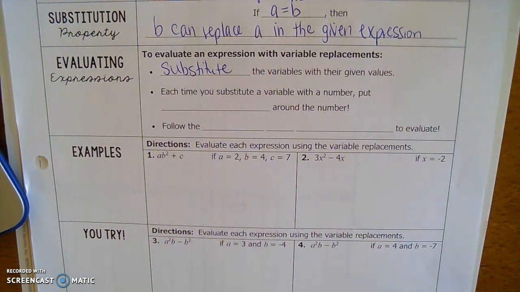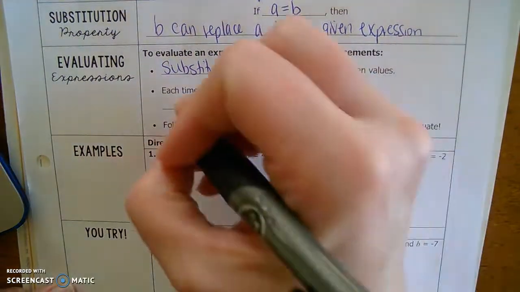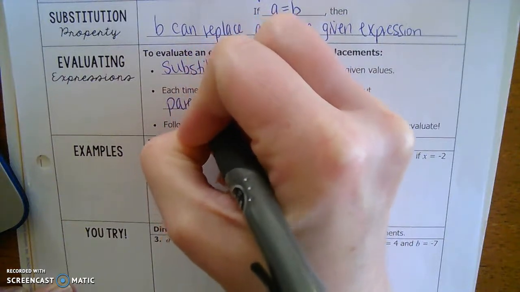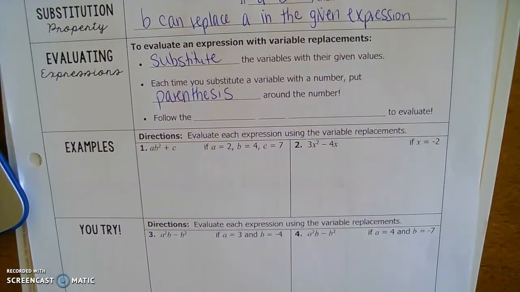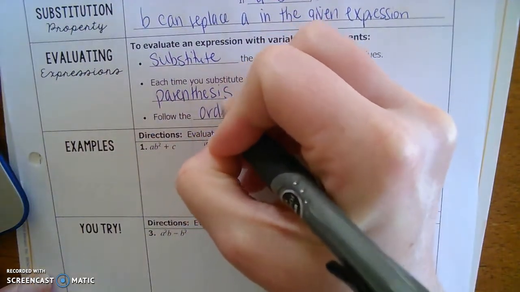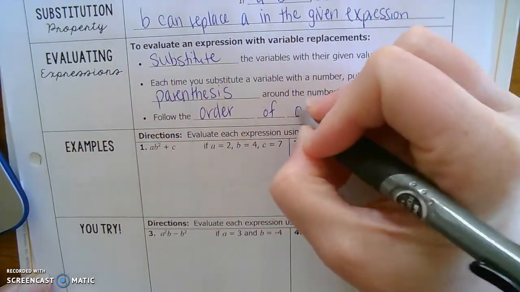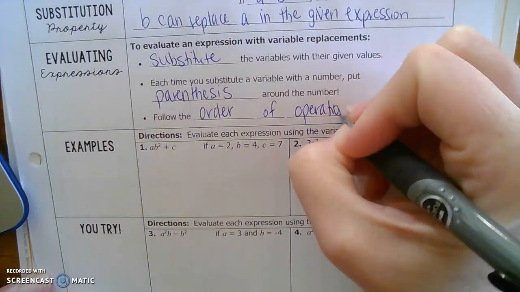This next thing is going to be very important. You don't technically have to do it every time, but I'm going to show that. It's especially important whenever you have exponents. So each time you substitute a variable with a number, put parentheses around it. Once you have all of the numbers in for the variables, then you're going to follow the order of operations in order to evaluate.